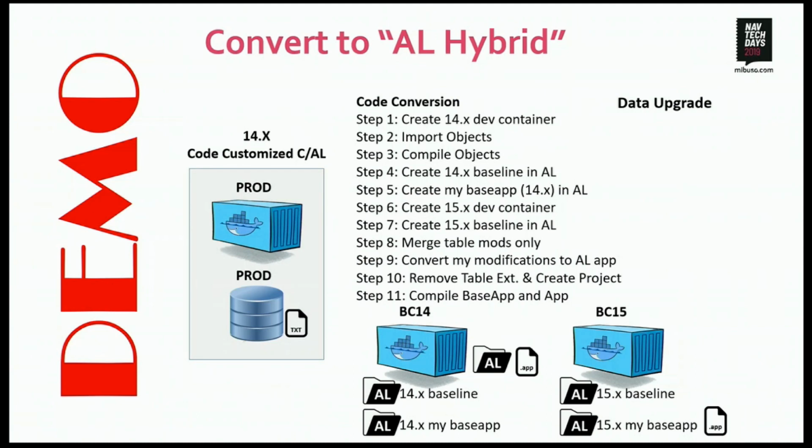And for the data upgrade, now the new table will just flow over because we now have the new table in our extension. We have the new table in our base app, and that can easily flow over and become the new extension table when we do it the right way, like Nikola has taught me to do in the last few days.